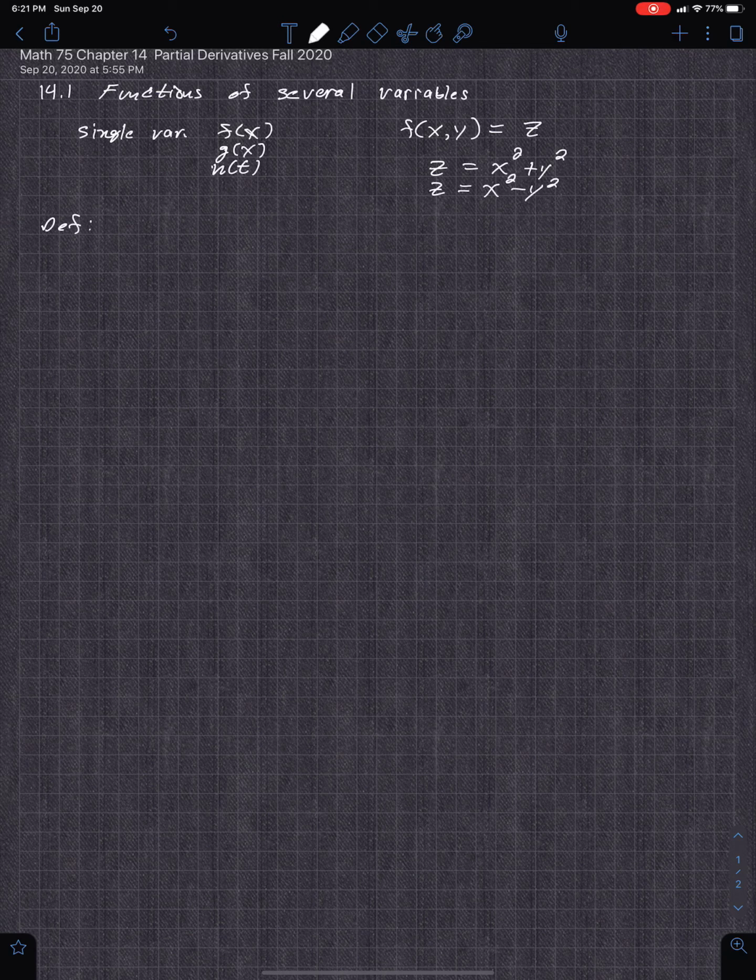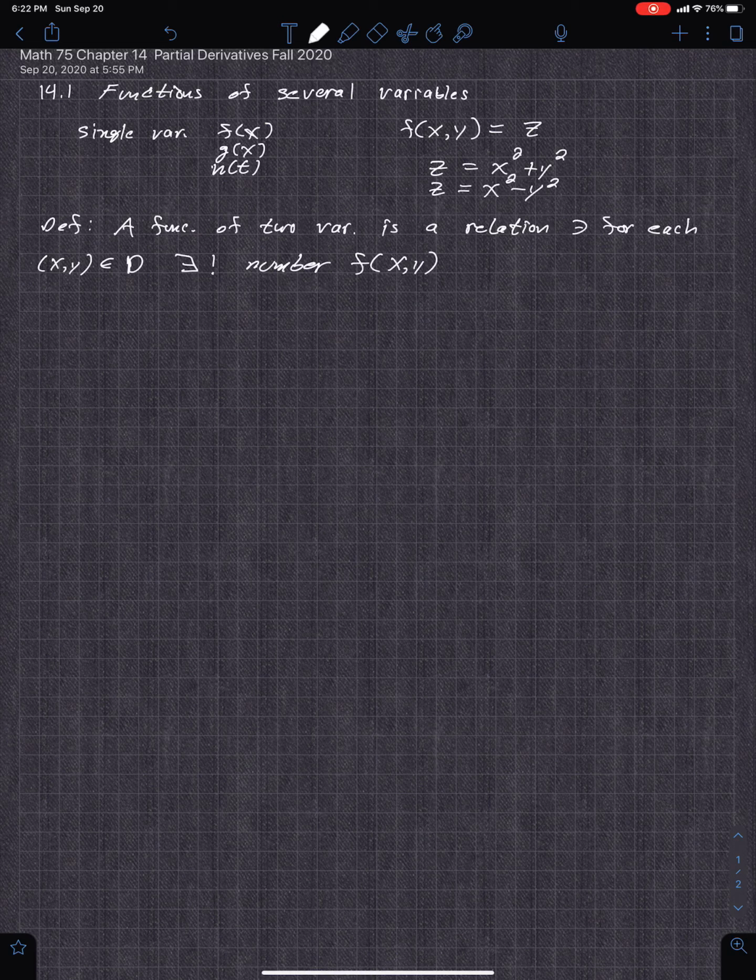So here's the definition. A function of 2 variables is a relation, so it's like a correspondence, etc. So it's a relation such that for each ordered pair x, y in D, in a domain, so it's basically a region in the xy plane, or the entire xy plane, essentially, there exists a unique number f of x, y, and that's in R, in the reals, like a real number line.